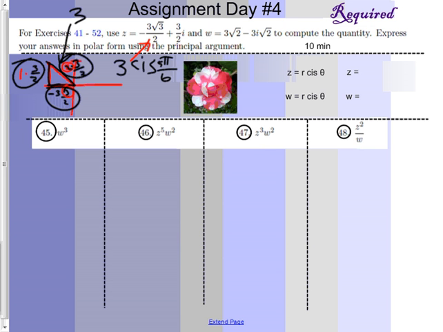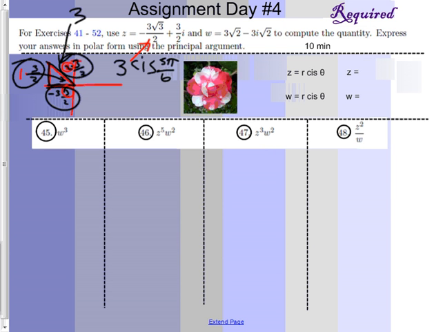Now that you're going to use like a million times on problems 45, 46, 47, and 48, so you may want to write that down nice and clear. My 5 pi is not looking great, so I'm going to clean that up. It's 5 pi over 6. Now this is the 30, 60, 90 triangle. Across from the 1 is a 30, so that's a pi over 6. So yeah, it's 5 pi over 6.